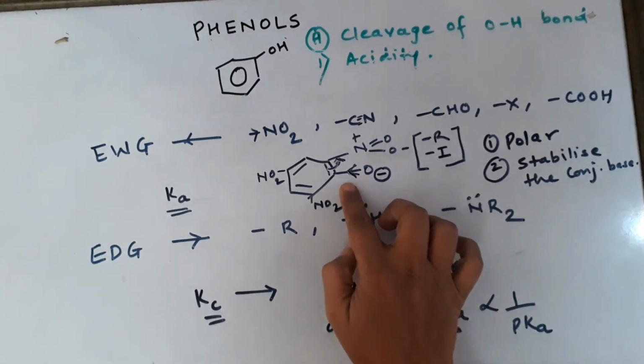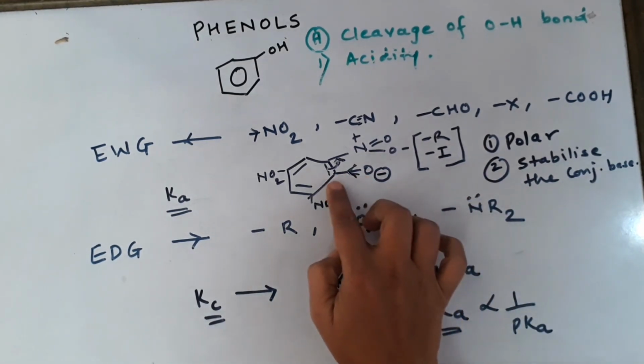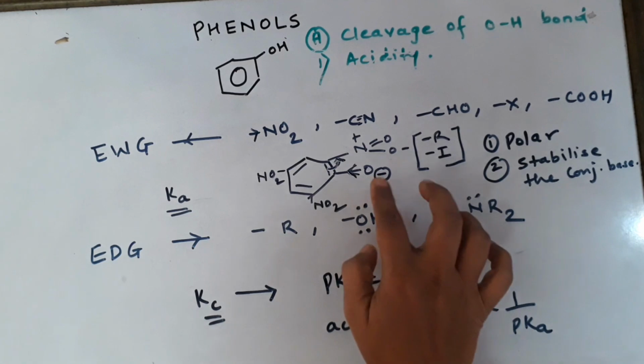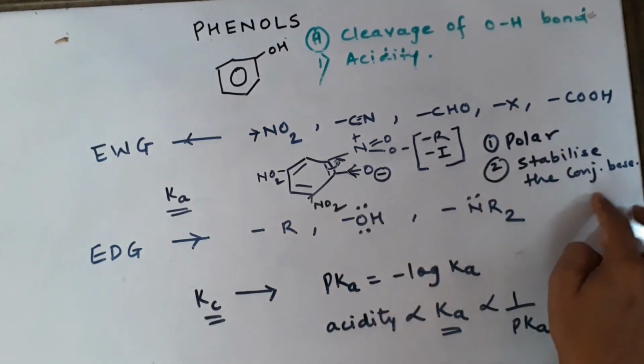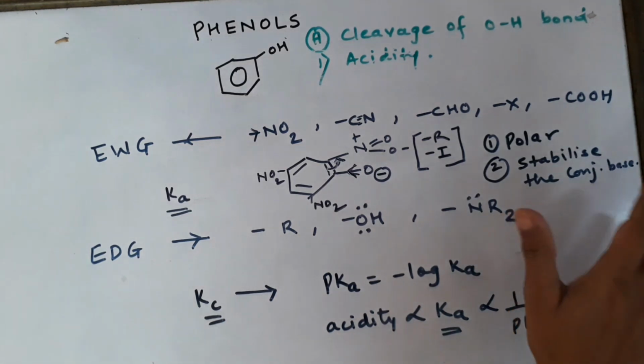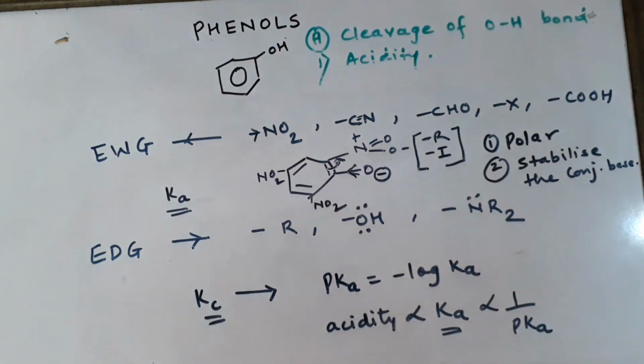They are going to give the electrons to the oxygen atom and reduce the polarity of OH bond, and secondly they will destabilize the conjugate base. So you are just going to use two important words over here. The first is the polarity word should come in your answer. The second word, conjugate base stability, should come in your answer.